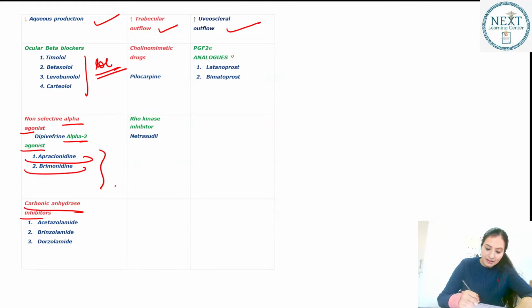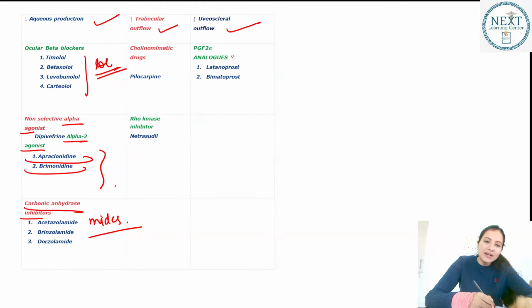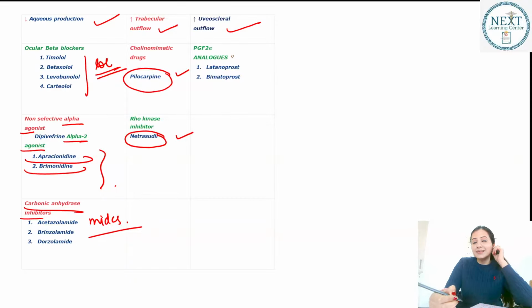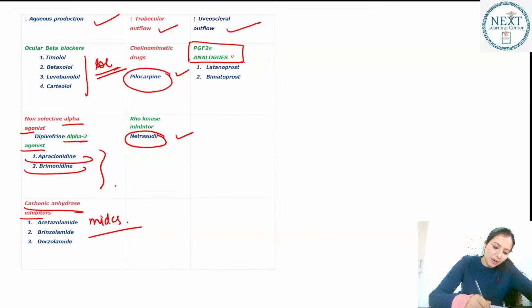Carbonic anhydrase inhibitors are all the -mides: acetazolamide, brinzolamide, dorzolamide. The ones that increase the trabecular flow are either cholinomimetic, that is pilocarpine, or the Rho kinase inhibitor, that is netarsudil. The drugs that increase the uveoscleral outflow are your prostaglandin F2 alpha analogs, that is all the -prosts.